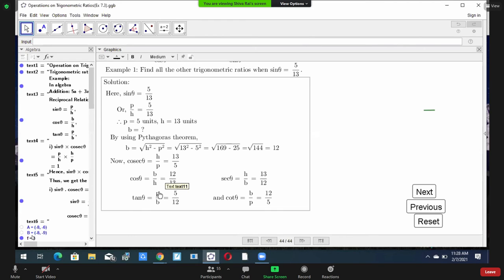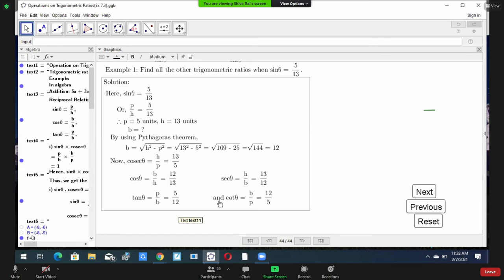Cos theta equal to B upon S. We just got B equal to 12, so in place of B you substitute 12, which is 12 upon 13. Tan theta equal to P upon B, which is 5 upon 12. Sec theta equal to S upon B, S is 13 and B equal to 12.